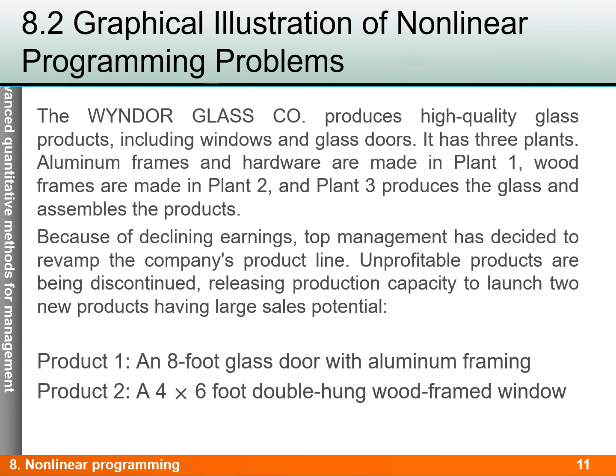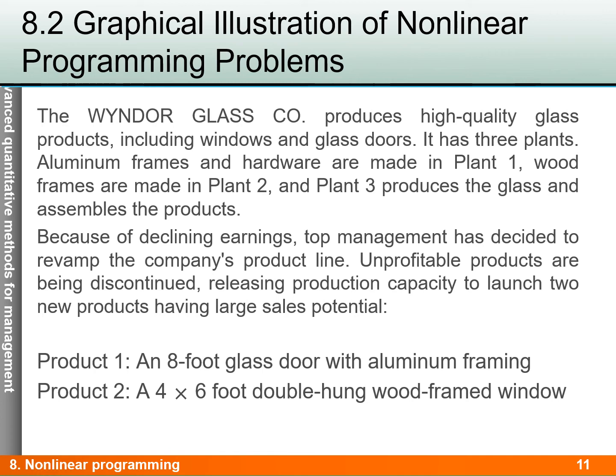Just remember this prototype example that was famous as the Wyndor Glass Company. The Wyndor Glass Company produces high-quality glass products, including windows and glass doors. It has three plants. Aluminum frames and hardware are made in plant 1, wood frames are made in plant 2, and glass is produced in plant 3.